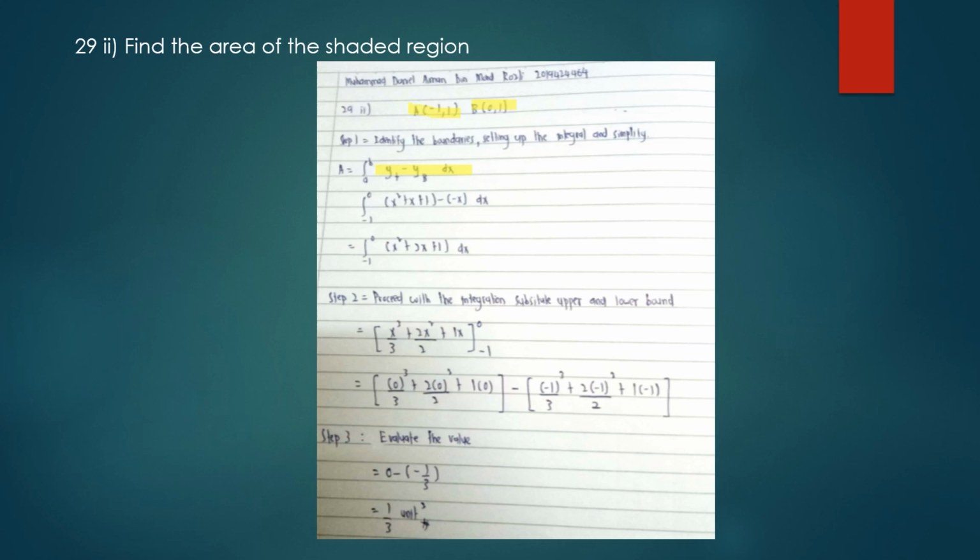As you can see, x cubed over 3 plus 2x squared over 2 plus 1x.